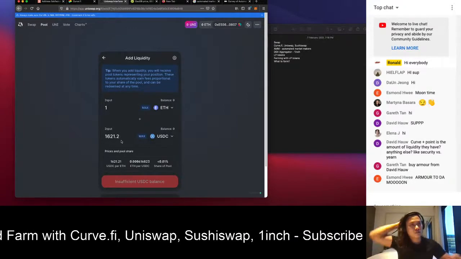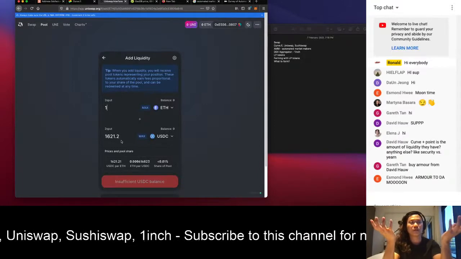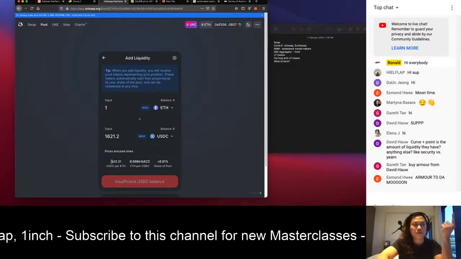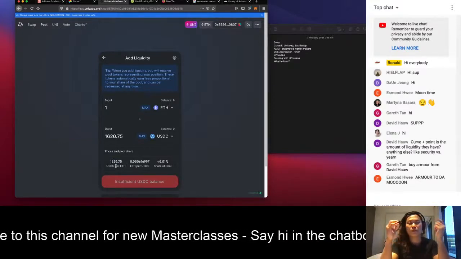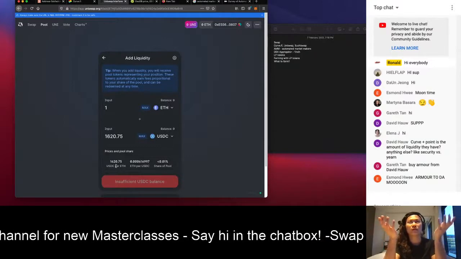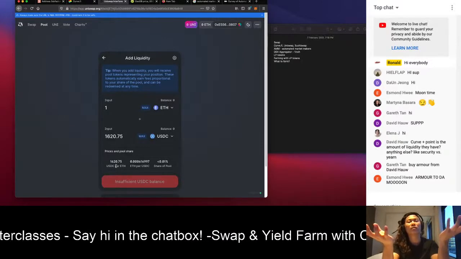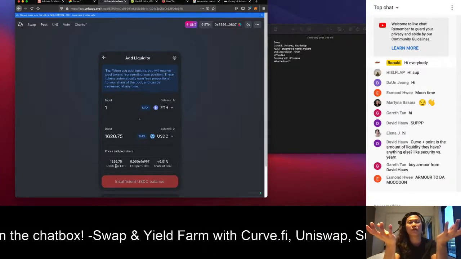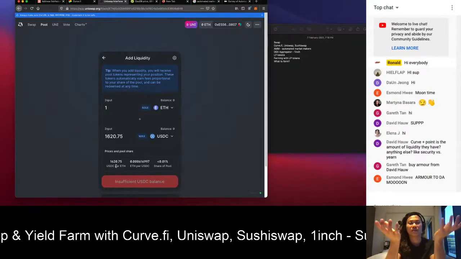The reason is that right now, one Ethereum is worth 1,621 USDC. So you need to put the pair in according to the value of them. And right now, one Ethereum is exactly equivalent to 1620.75 USDC. So you put both of them in at the same time, as a pair.